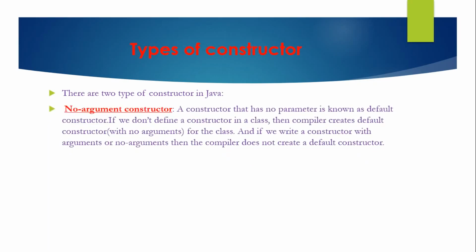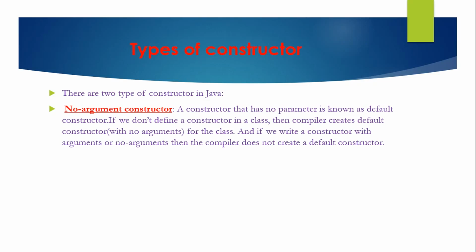Types of constructors. Basically there are two types of constructors in Java. The first one is the no argument constructor. A constructor that has no parameter is known as the default constructor or no argument constructor. If we don't define a constructor in a class, then the compiler creates a default constructor with no argument for the class.